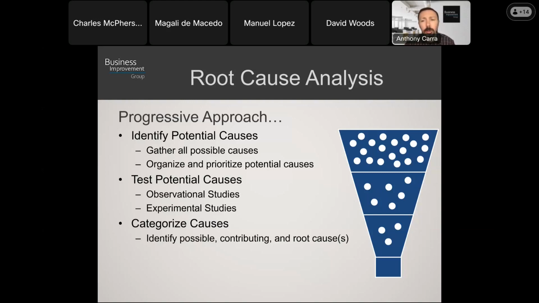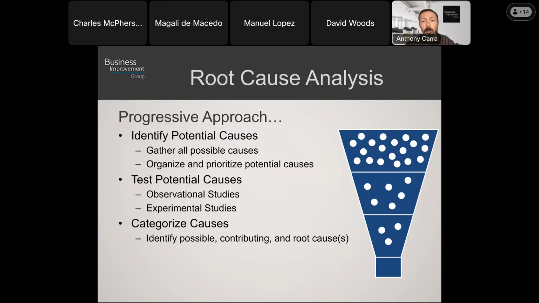Once you have those confirmed causes, you want to categorize them. If you are doing an analytical study, the correlation coefficient can give you the strength of that cause and effect relationship. Something that's weak or likely, we'll call possible causes.